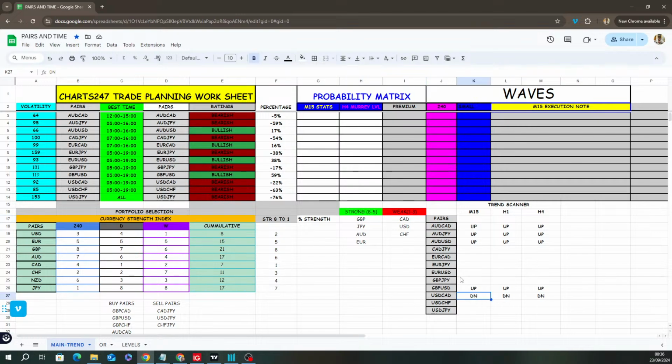So technically, from what we have, we are only left with two choices here, I'll probably say three choices. We have the Australian dollar, the pound dollar, and the US dollar Japanese yen. Let me check the scanner again if we have the dollar yen there.